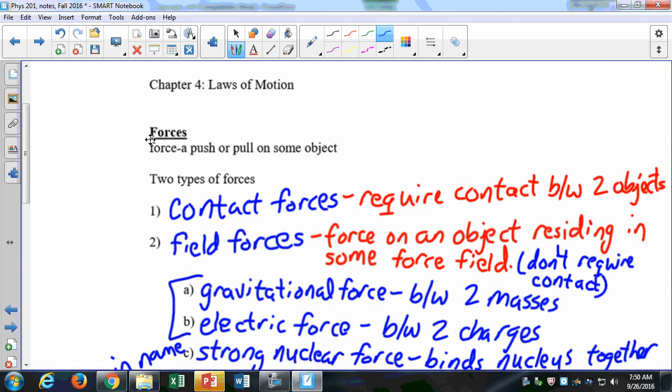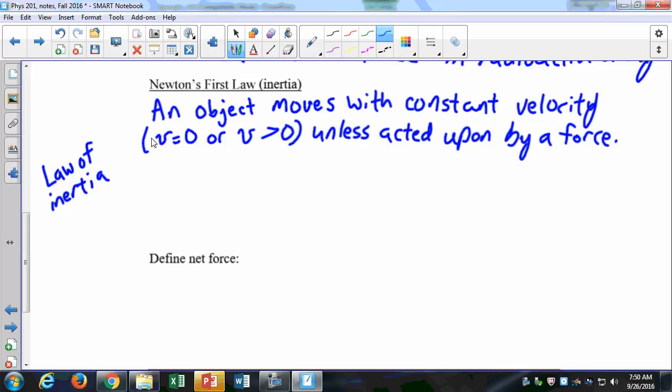We call this the law of inertia. Inertia is the tendency of an object to continue in its original state of motion.